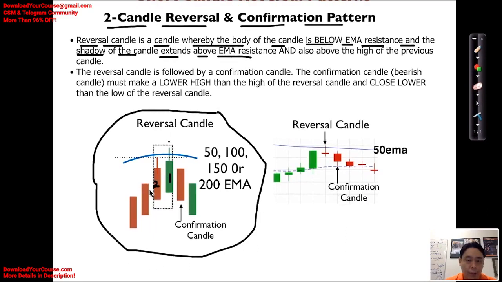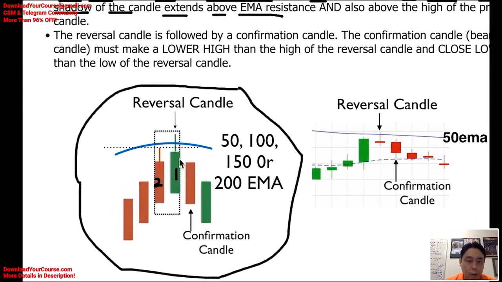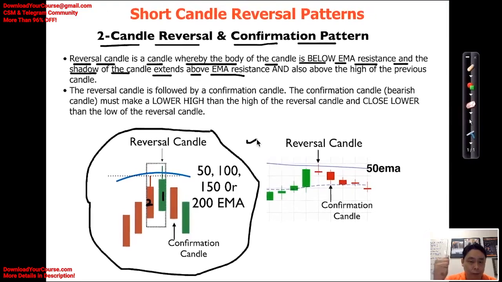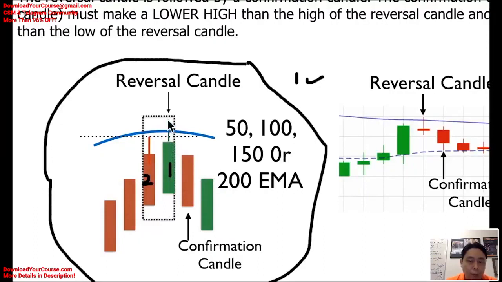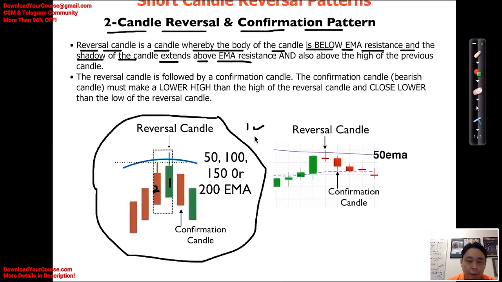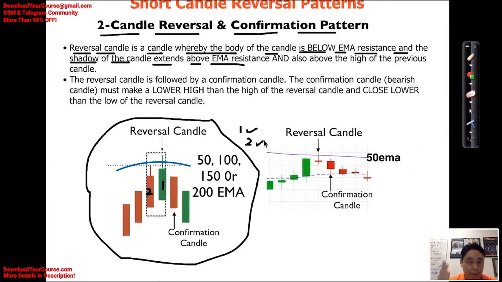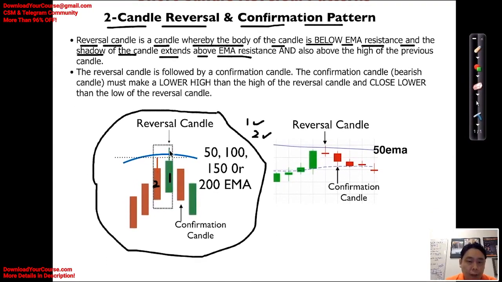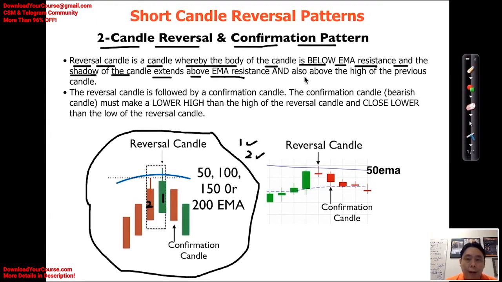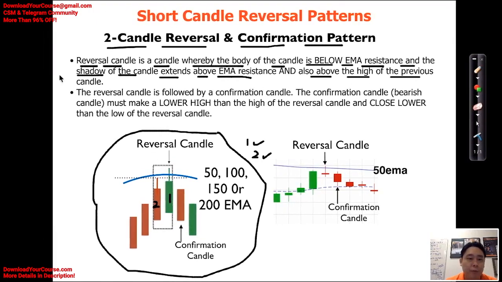Okay? So let me show you what that means. The body of the reversal candle must be below the moving average. Check. Criteria 1. Criteria 2. The upper shadow of the reversal candle must cut the moving average. Criteria 2, check. Next, the upper shadow of the reversal candle must also cut above the high of the previous day's candle.